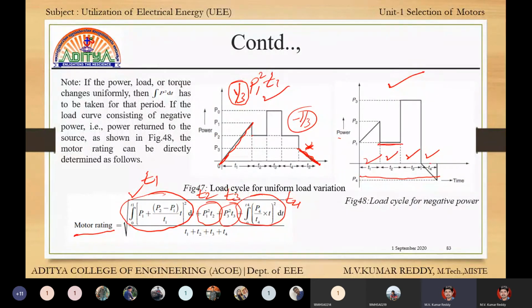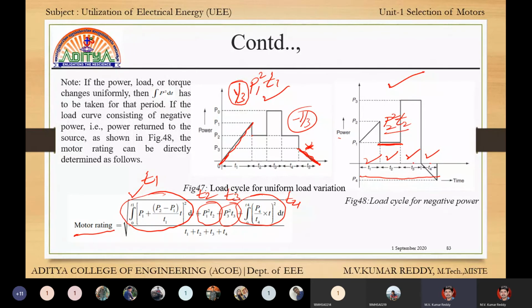For T2 it is a normal graph, with the normal formula P2 square T2, take the average.